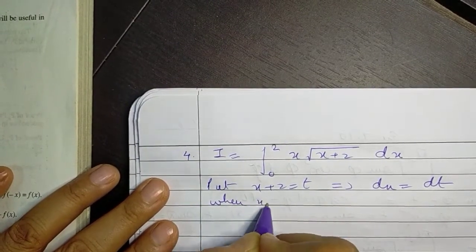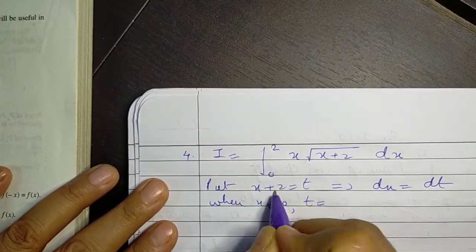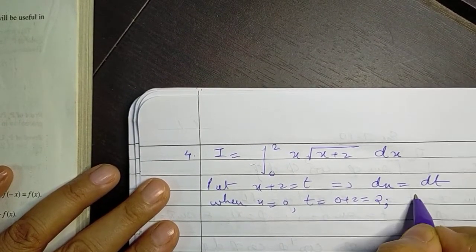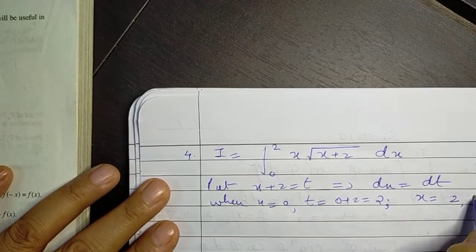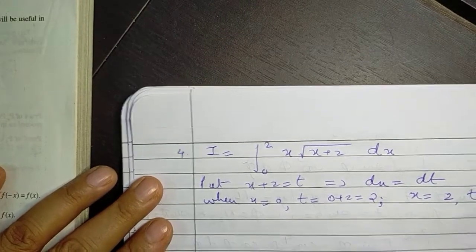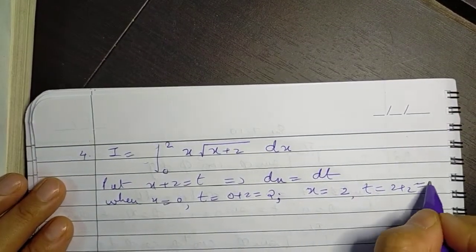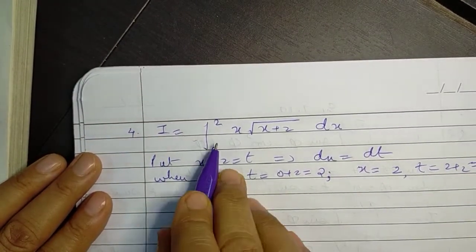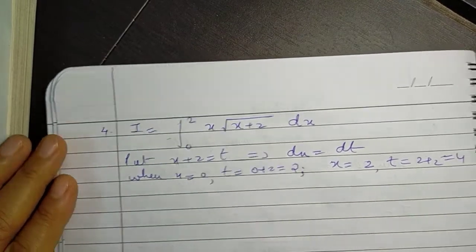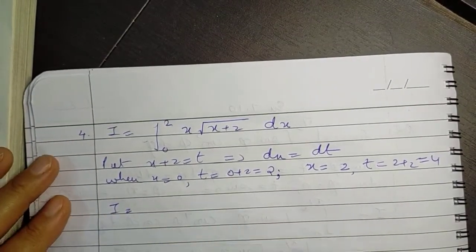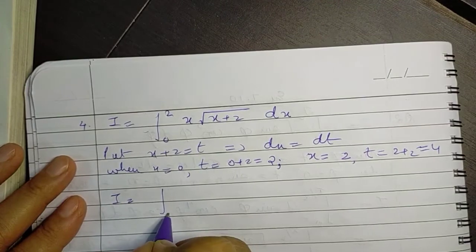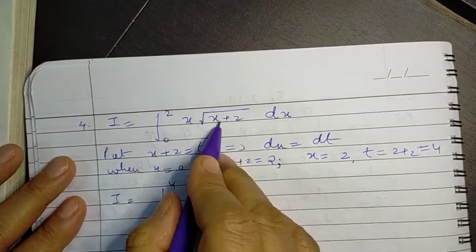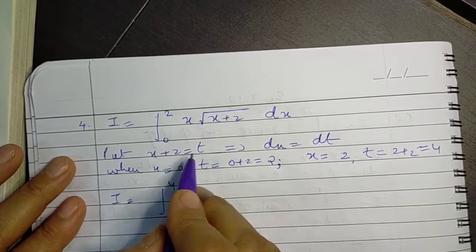Now when x equal to 0, t equal to 0 plus 2, which is 2. When x equal to 2, t is equal to 2 plus 2, which is 4. So t goes from 2 to 4, and so we get I is equal to the integral with t from 2 to 4. In place of this x, we can write t minus 2.